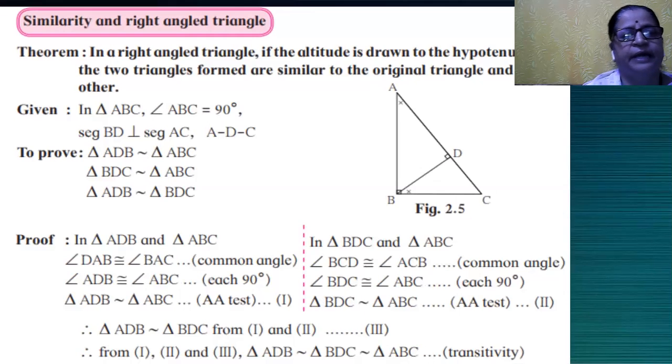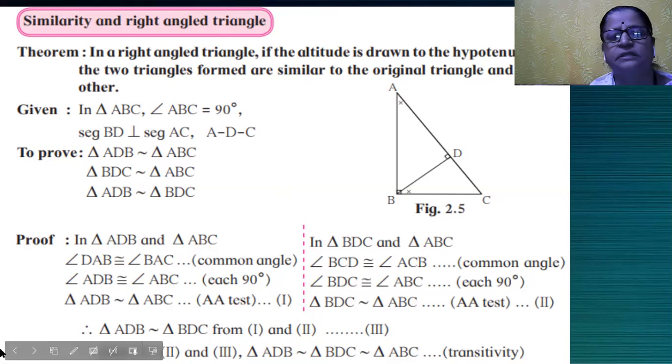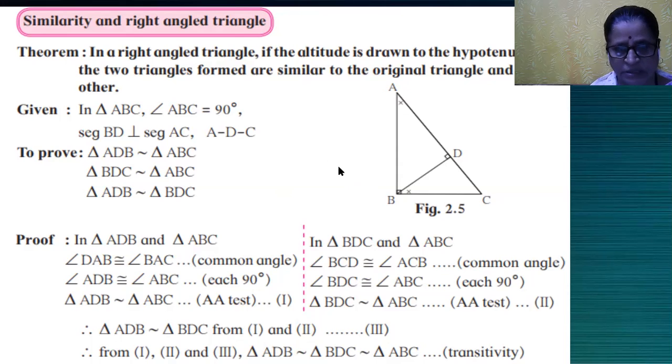Then similarity in a right angle triangle, now we are going to study. You know that we studied the right angle triangle last year also. Now here we are comparing it with the other two triangles.